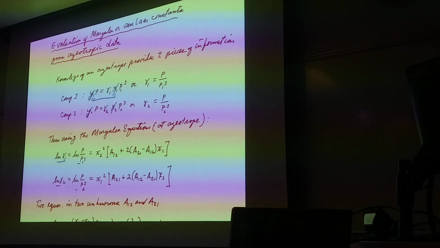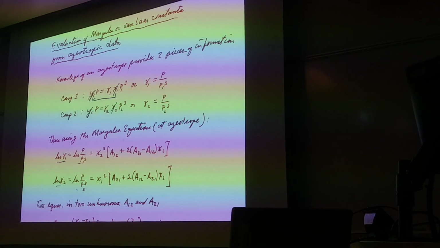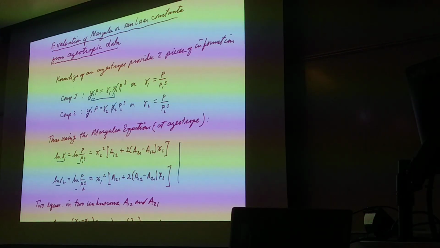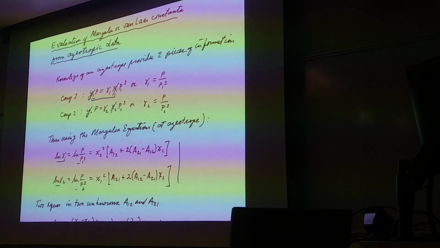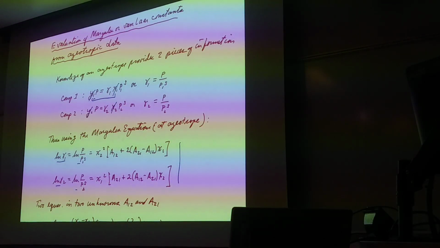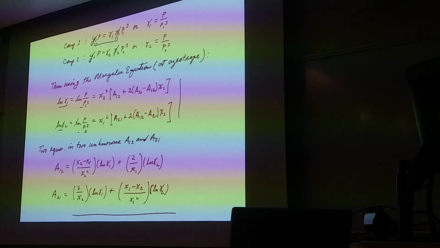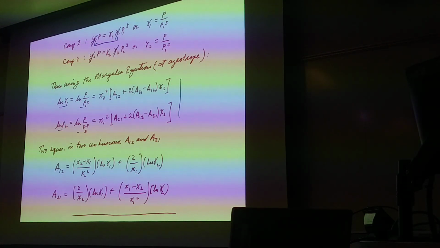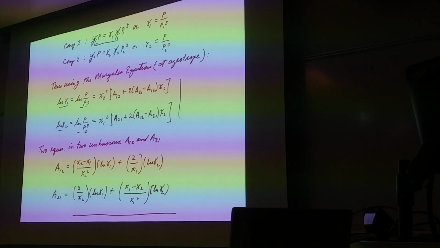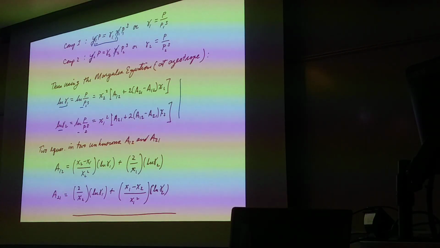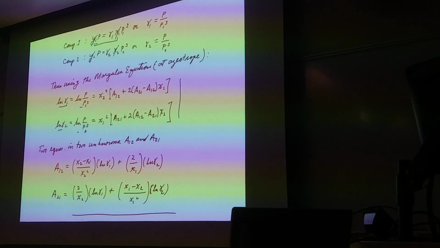The unknowns here are A12 and A21, so I should be able to solve simultaneously for the two equations to extract expressions for A12 and A21. Everyone with me? So if I do that, this is the result. I've written it here for you. So if we have knowledge of an azeotrope, then I can pull out the Margules constants in terms of knowledge of the activity coefficients at the azeotrope.